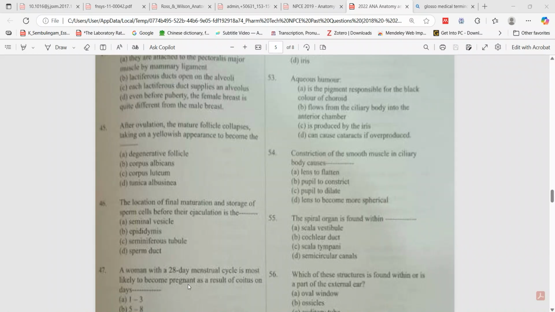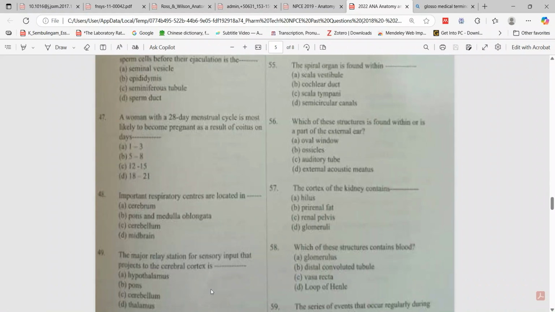We have not done special senses, but by God's grace we will. The answer is not lens to flatten; it is lens to become more spherical.